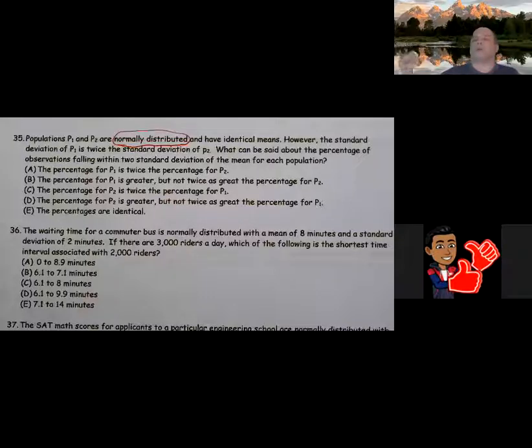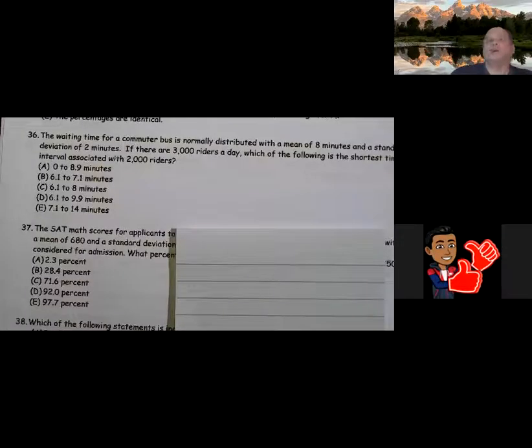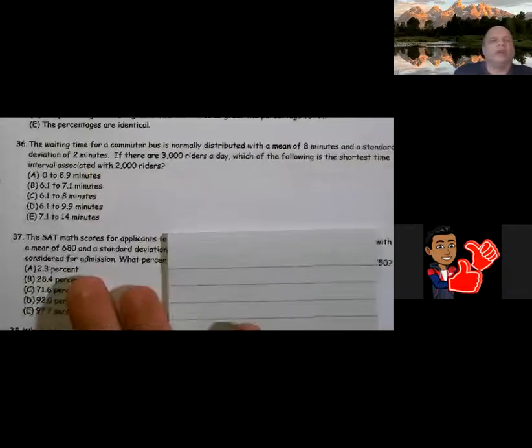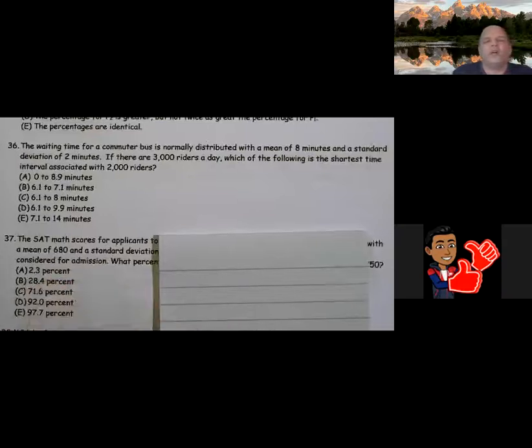Regardless of whether it's really spread out or very tall and slim, the percentages will be the same for the same z-score. And remember, a z-score is just how many standard deviations something is from the mean.